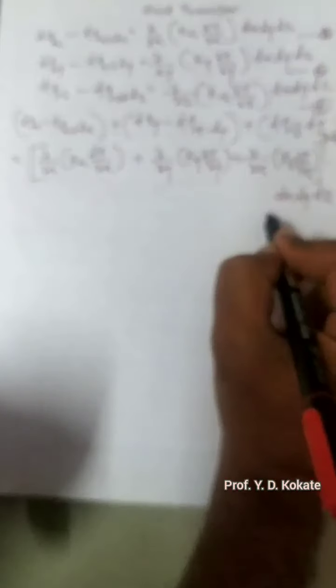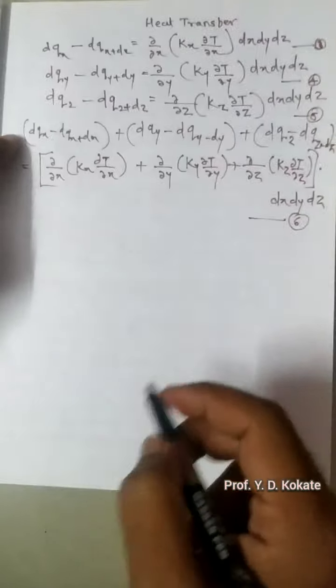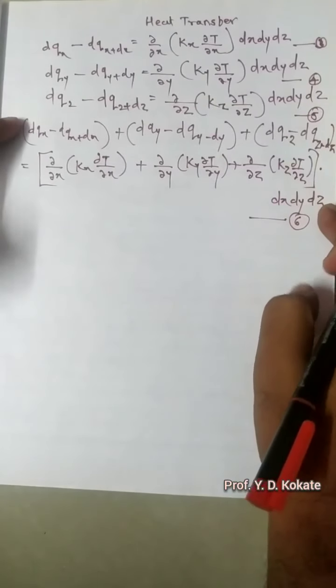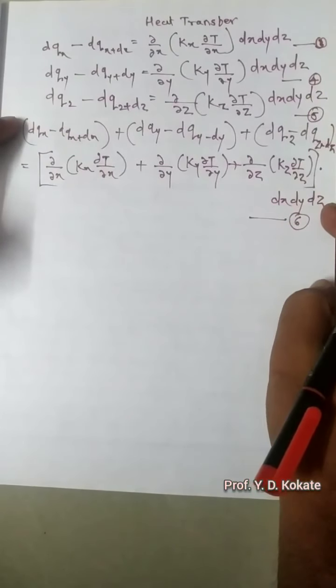This is equation number 6, the whole of it. This tells you about the heat transfer in Cartesian coordinates in all directions.